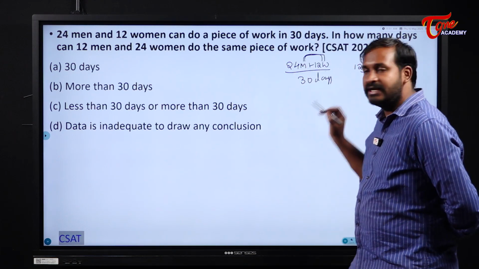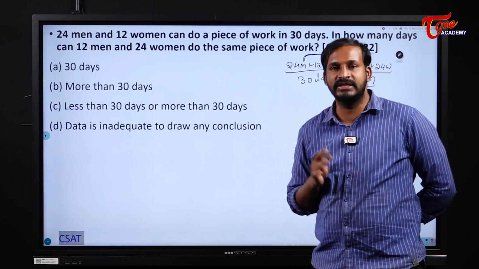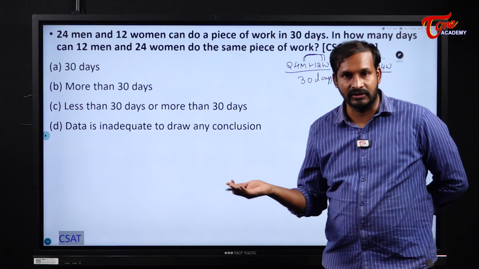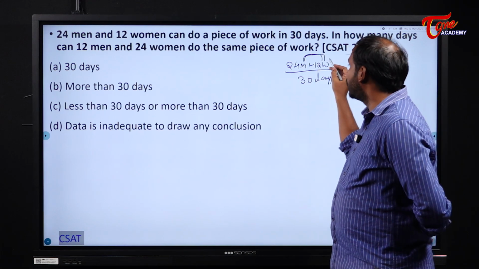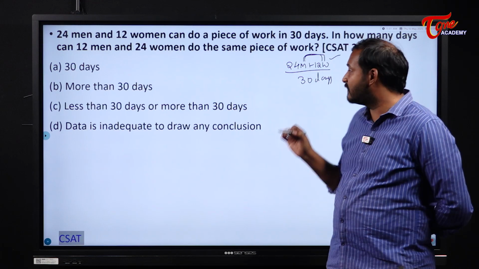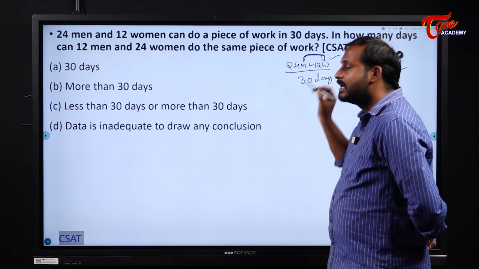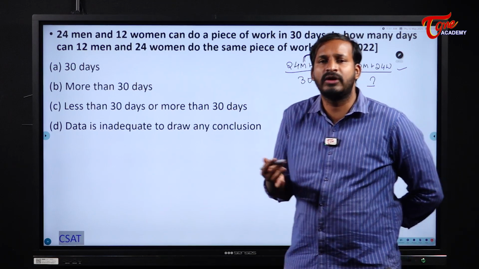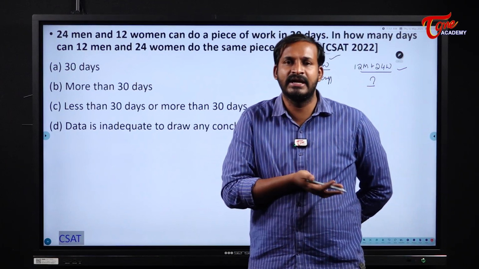But here they didn't mention anything about men and women's efficiency, and they didn't even mention different times. They directly gave one case and they are asking for the other case. Is it possible for us? No. Why? Because here we cannot establish a relation between men and women. I don't know who is more efficient to do that work, whether men or women.